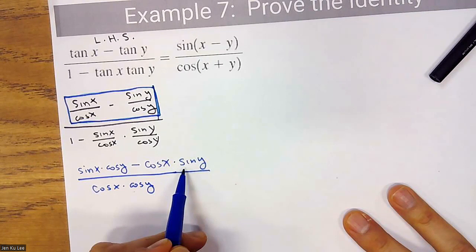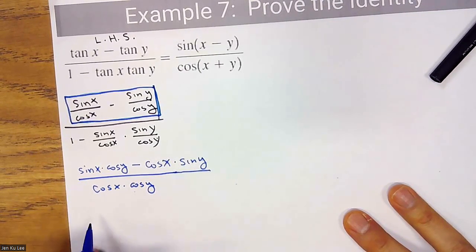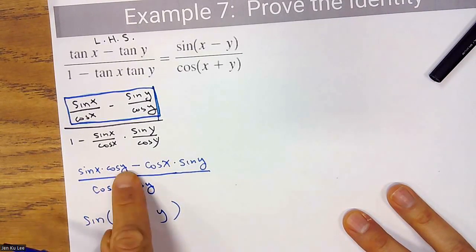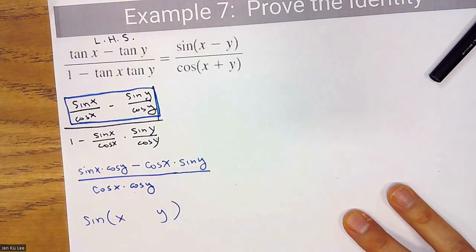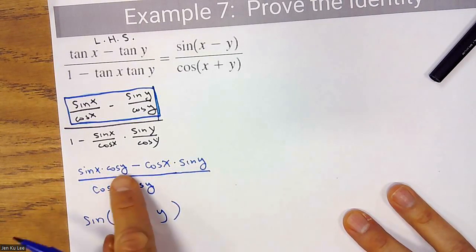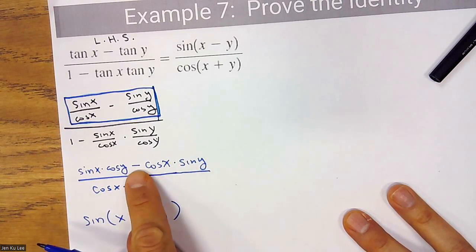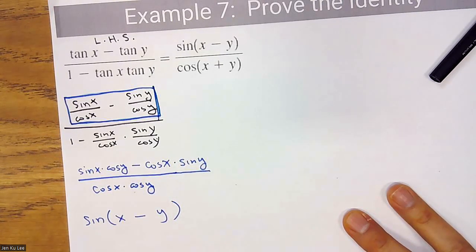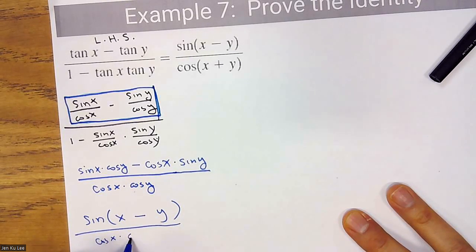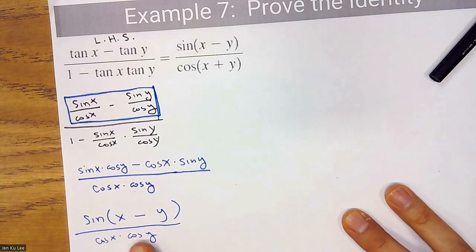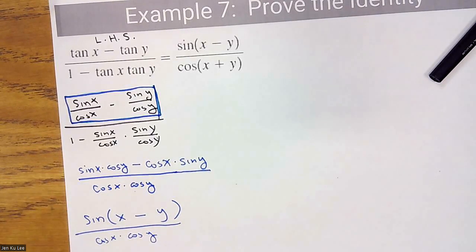Sine can't change sign, right? That works out. So I know it's a sine function of x and y, because those are my two angle measures. And since sine can't change sign, and that's a minus, this is also a minus. So we got that, over cosine of x times cosine of y. That makes sense? So this is a simplified version of my numerator up there.